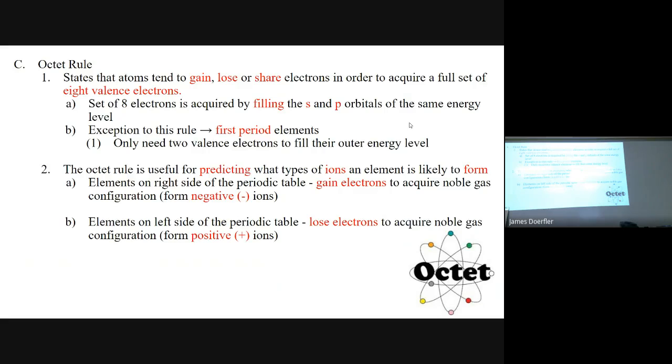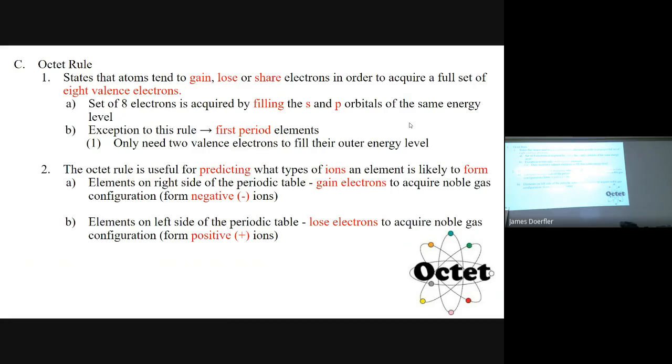The octet rule is useful for predicting what types of ions an element is likely to form. The elements located on the right-hand side of the periodic table, so the nonmetals, like to gain electrons so that they can acquire this noble gas configuration. And so when you gain electrons, you form negative ions.